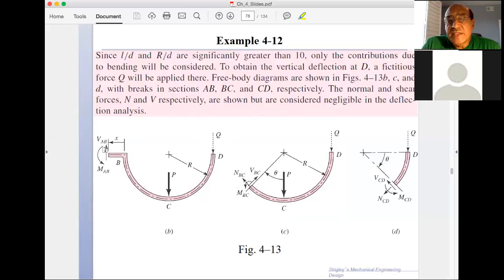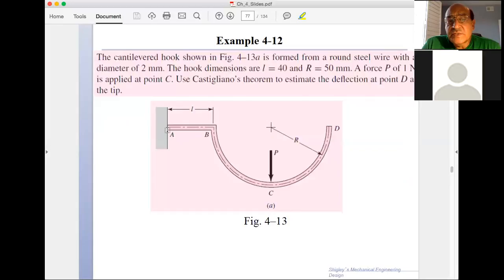So if we take section AB, then we need to have a coordinate to do the integration. And the coordinate, we can take X from this side here, or we can take X from the origin, from A to B, for example. We can take X going this way, or we can take X going from B to A.